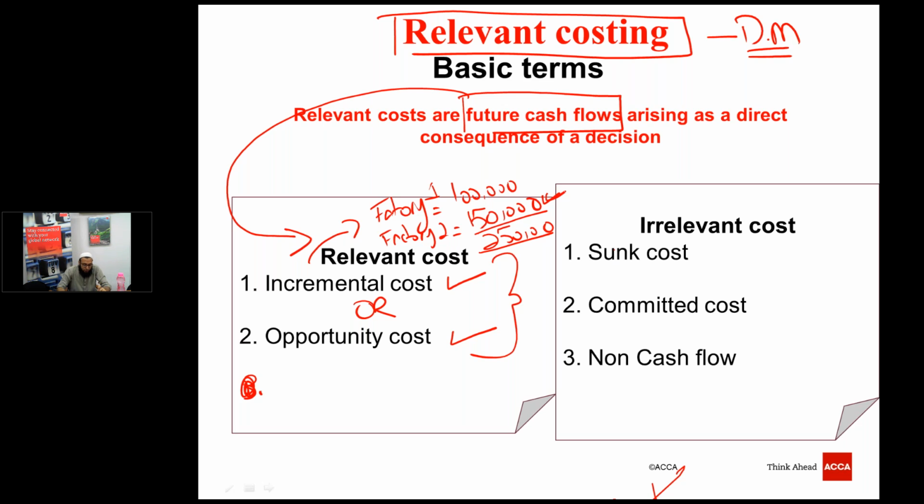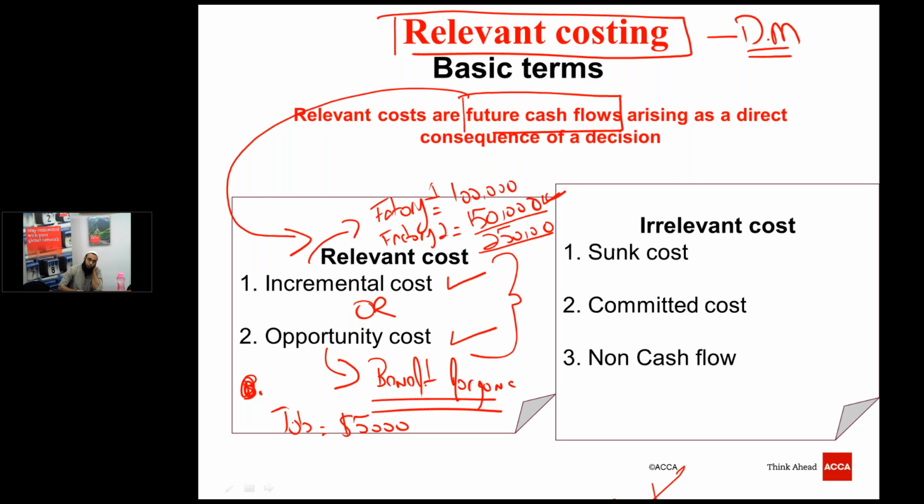So for a cost to be relevant, it should either be incremental or opportunity. And what is opportunity? The benefit foregone is opportunity cost. For example, you have a job of $5,000.